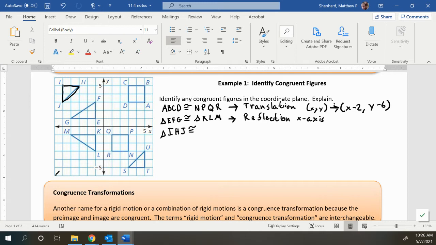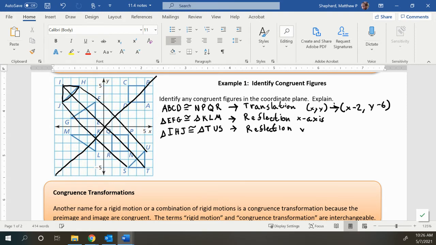So if we are going off of the line y equals x, then H would map to U, J maps to S, and I would map to T. So since we started with I, we would go T, and then H maps to U, so T, U, S. And this is a reflection off of the line y equals x.